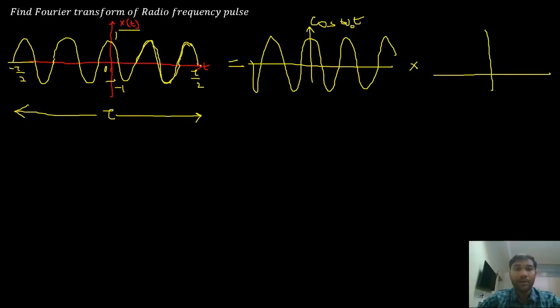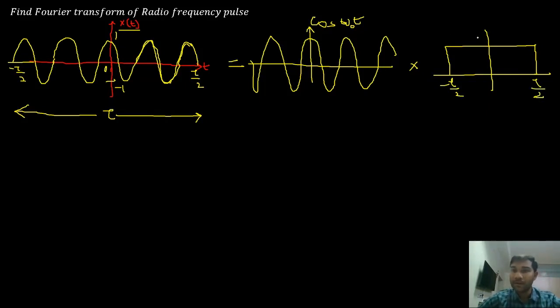Outside this interval, the x of t must be equal to 0. So to obtain x of t from cos omega naught t, we should multiply it with a rectangular function that extends from minus tau by 2 to plus tau by 2.